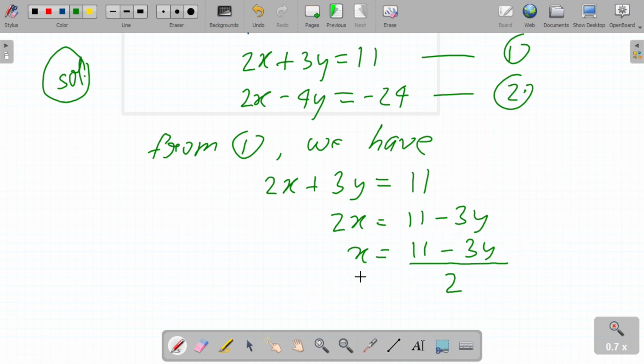Okay, now we will put this value in equation number second.